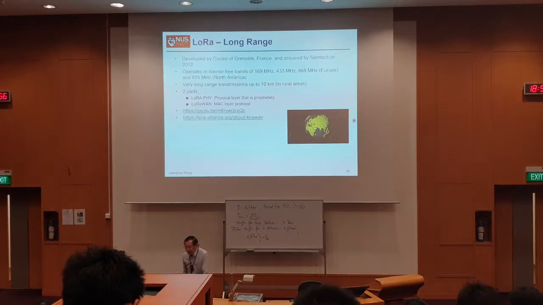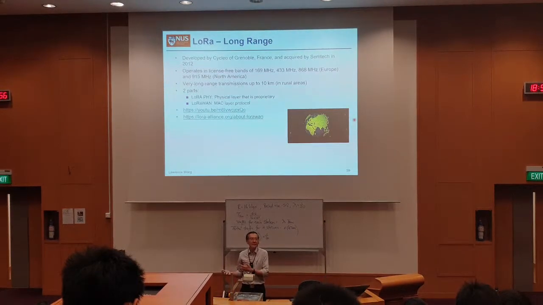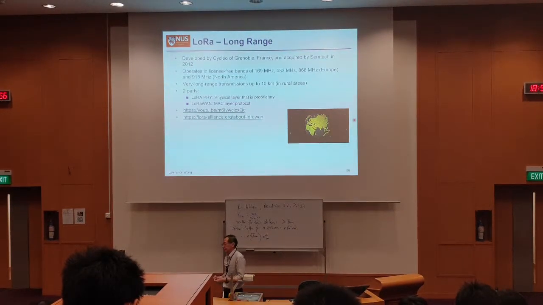So it is not an international standard that has come out from standards bodies like IEEE or ISO. It basically came from this company, recognizing its potential as a communication protocol for the Internet of Things.